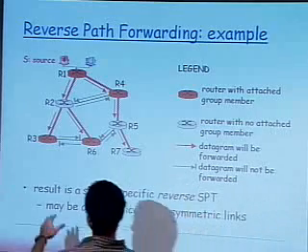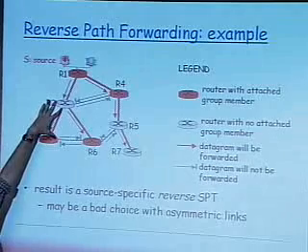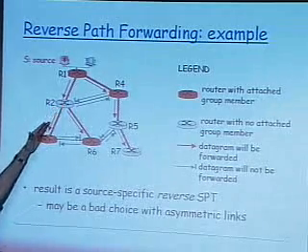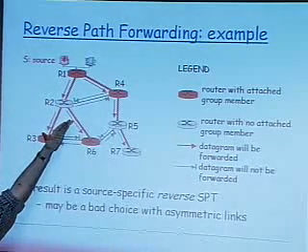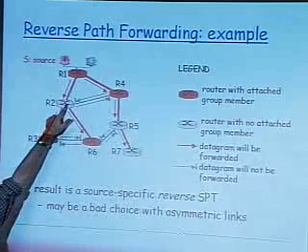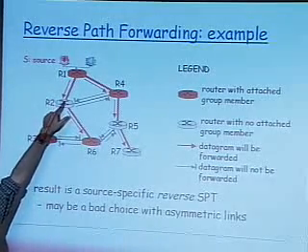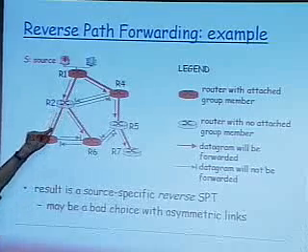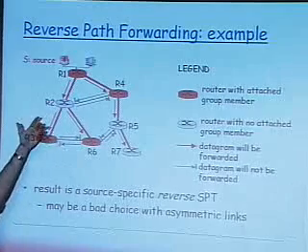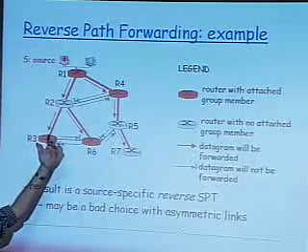In an asymmetric link, a link between two routers, the cost is not the same in both directions. So the shortest path back to the source may not be the shortest path forward to this router. And in that scenario, this technique doesn't work.